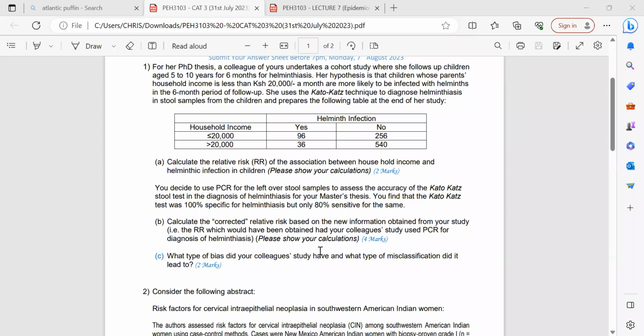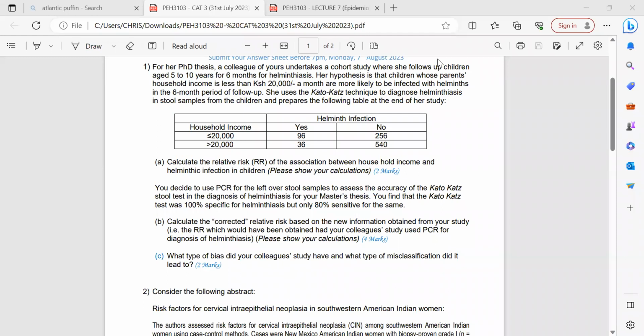So what does that mean? I doubt whether he tested every sample again. But we are told it was the leftovers. To use PCR on the leftovers is to assess the accuracy of the cut-off and test the diagnosis. Maybe he used all.